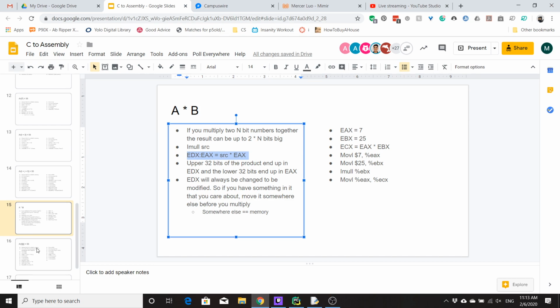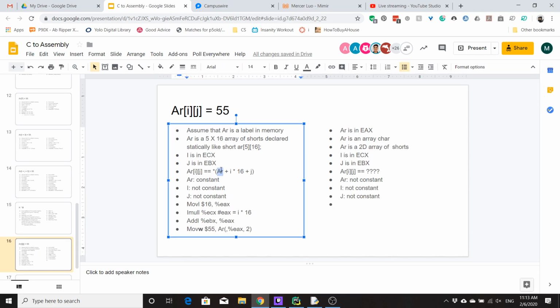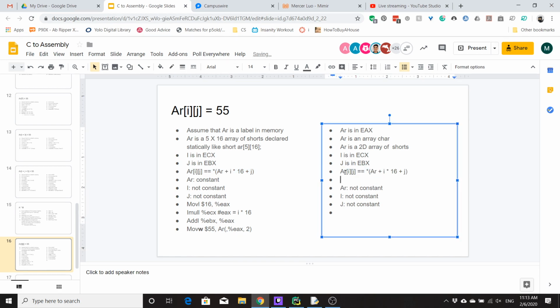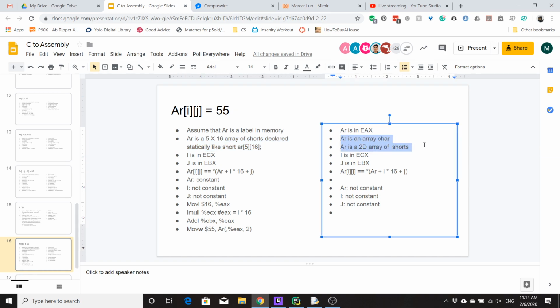So if we pop back over here, let's do this side again. Nothing's really changing over here, except now, again, what do we end up doing? Is it going to be much different than last time?